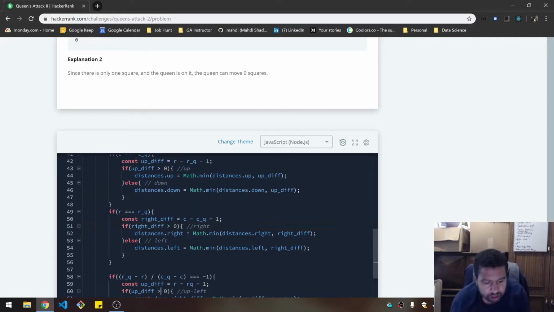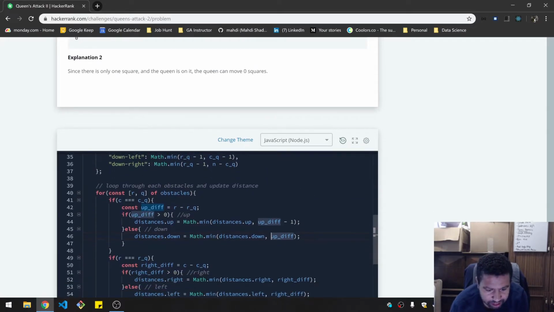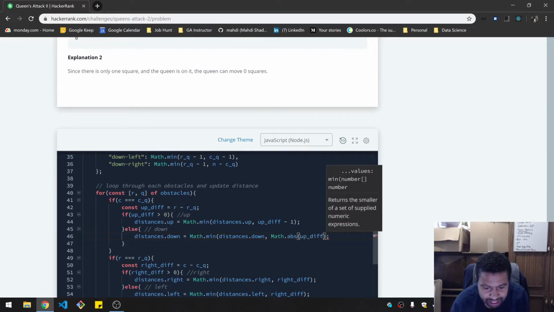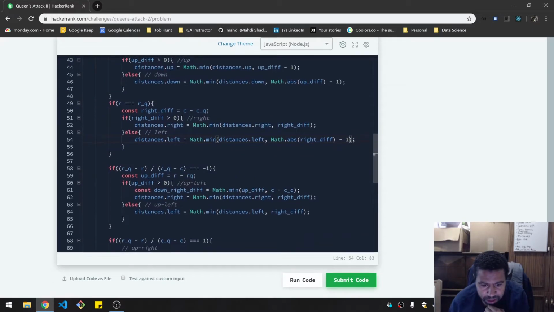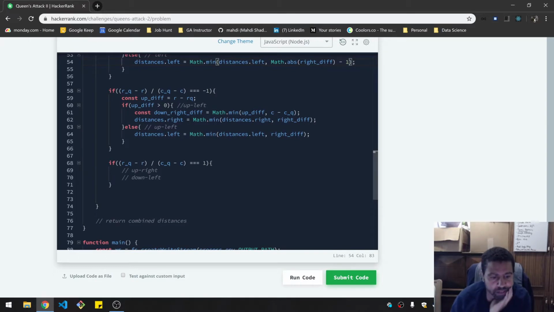I don't want to do that, I want to do it after the fact, here. Wait a second. If up difference is negative, then I want this to be the absolute, -1. Okay, I'm finding flaws already. Absolute there. Man, I haven't even run anything, and this is already getting kind of complicated.